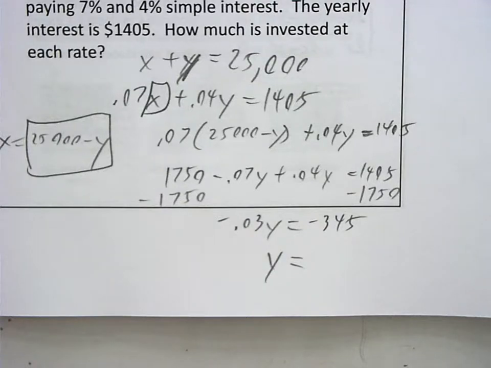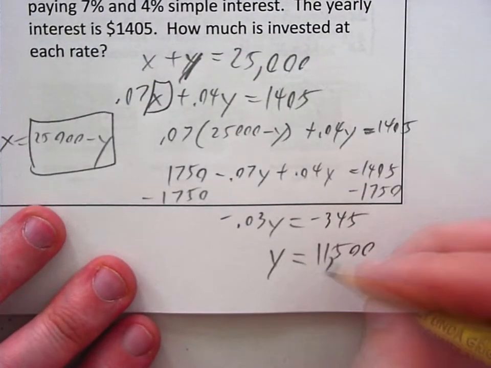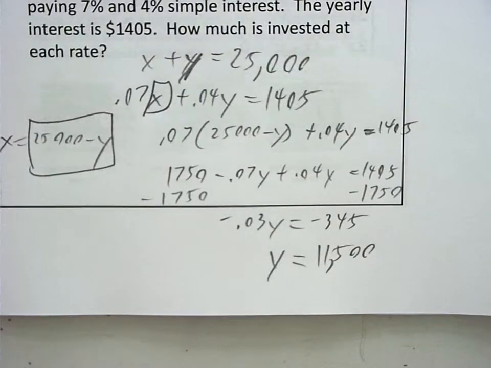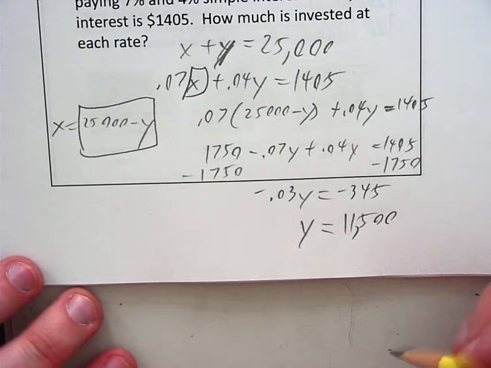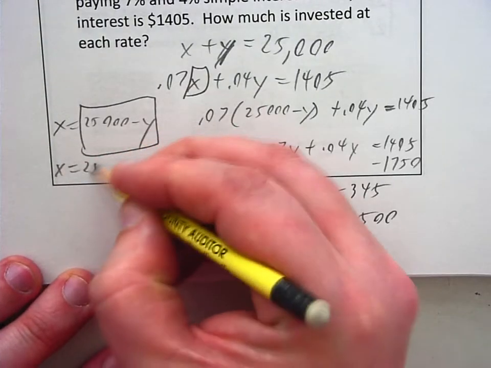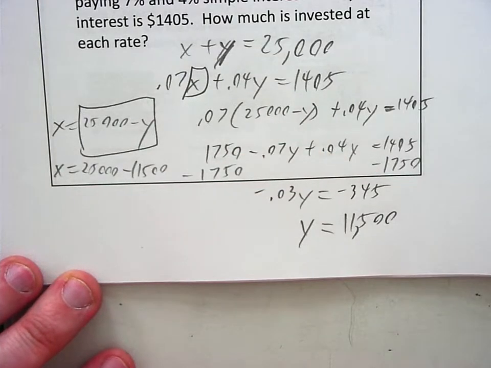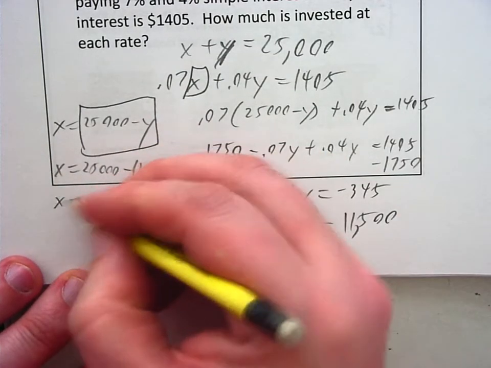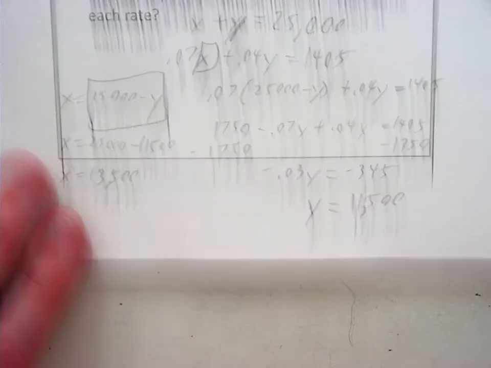Negative 11,000. I owe money? Never mind. Negative divided by a negative. So then what's your other answer? 13,500. So then what's my actual answers?